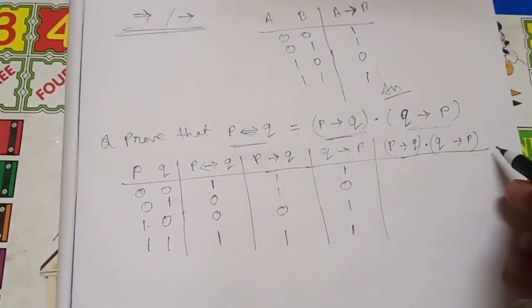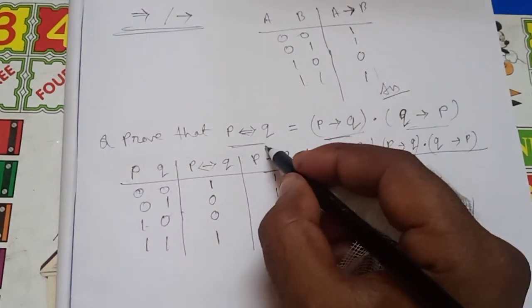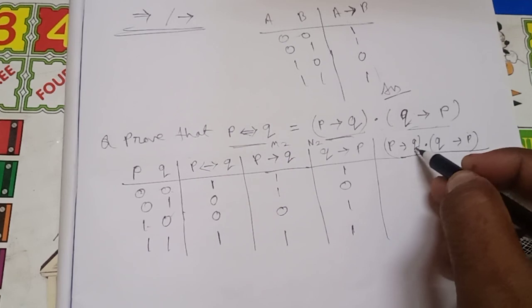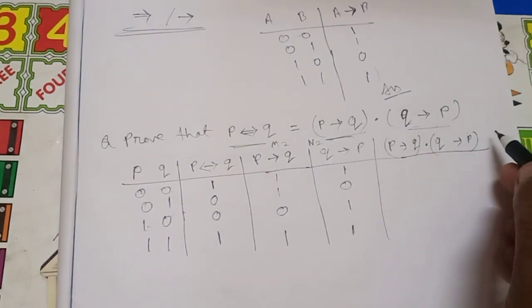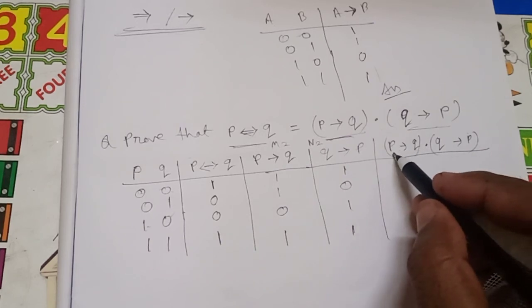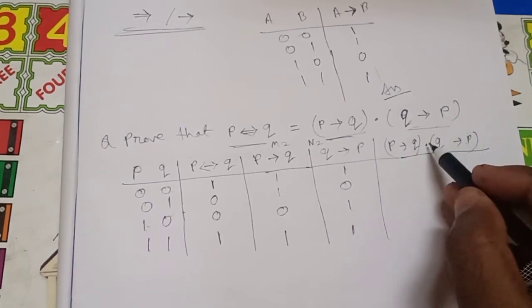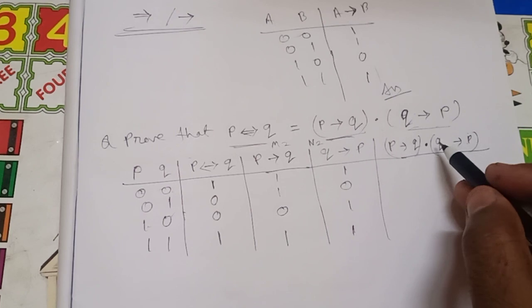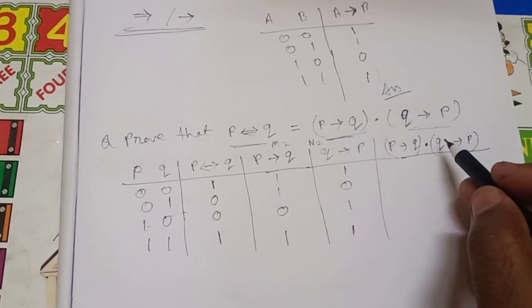Now you can see this one dot this one, P arrow Q dot Q arrow P. You can write M equal to this and N equal to that, so you write M dot N. This dot is the AND gate. AND means when both values are 1 we write 1, otherwise 0.